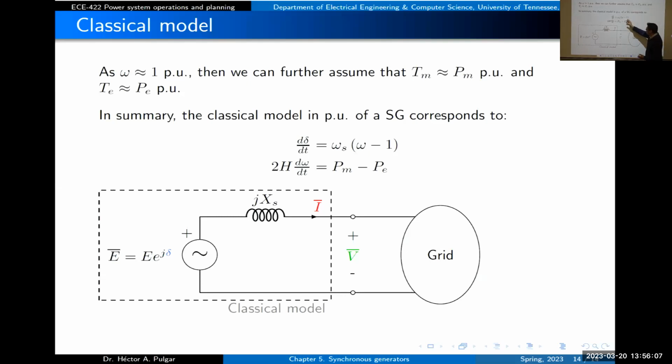We have an expression for that. So we replace that expression here, and basically the model is just these two sets of differential equations. We don't need this because we already obtained an expression for PE. But that was a simplification, and it's not going to be the general case.